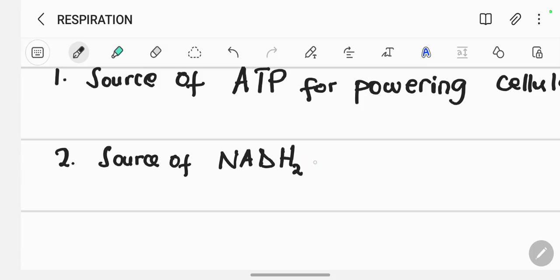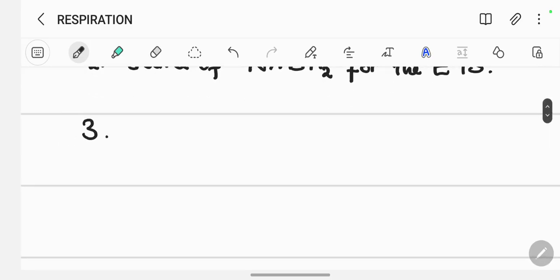So this NAD is carrying electrons, and these electrons are needed for the electron transport system. Then 3 is it forms pyruvate.